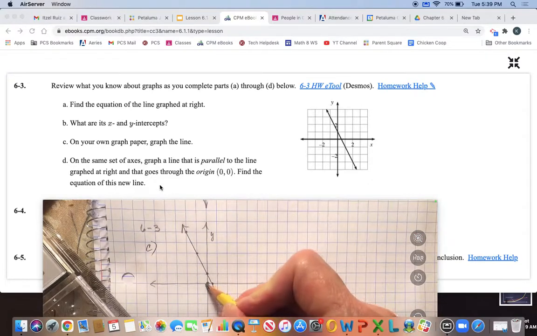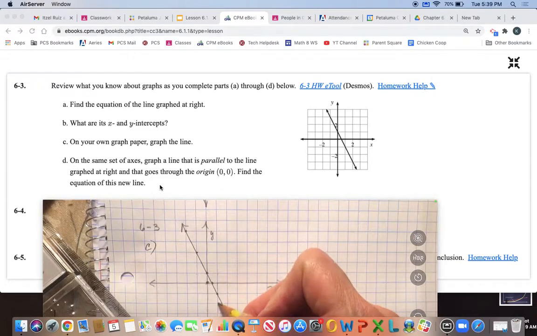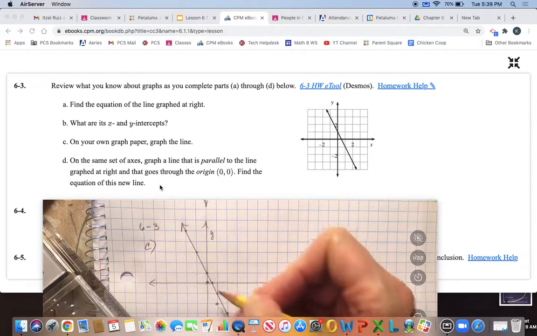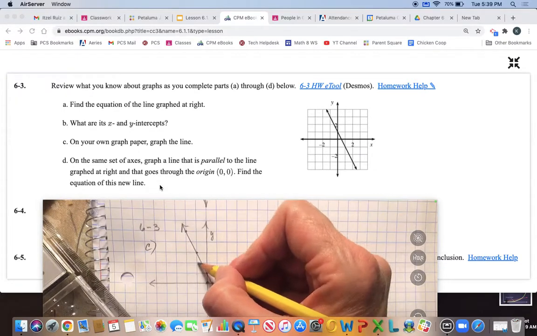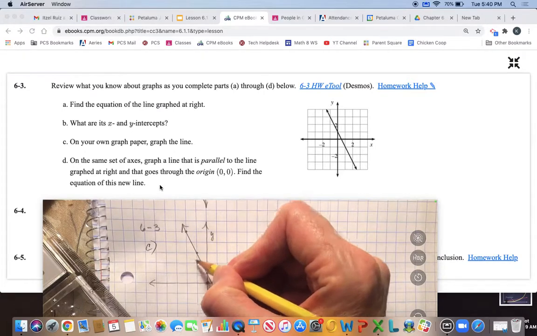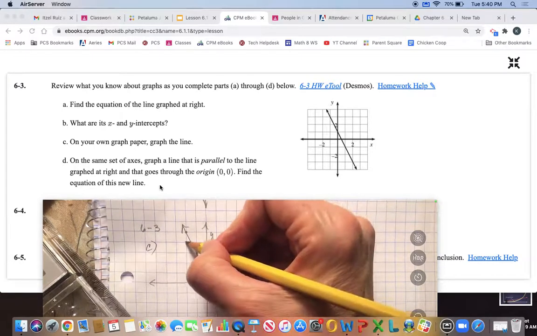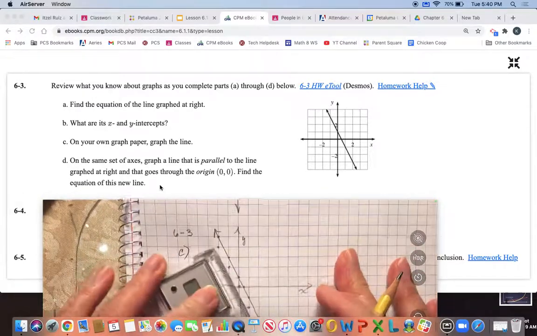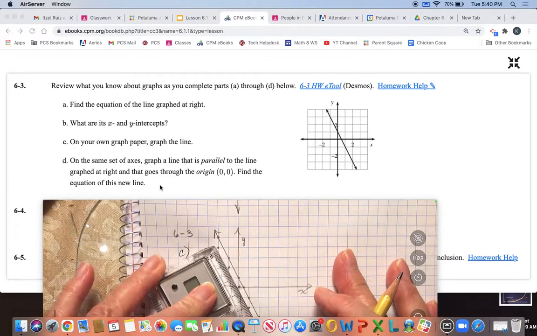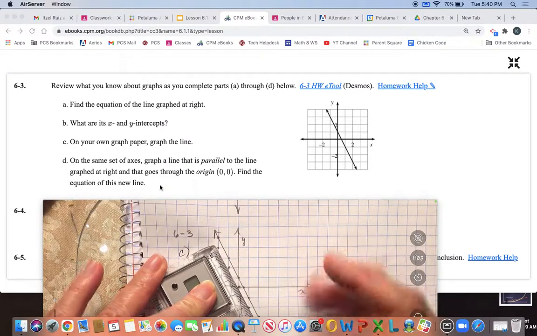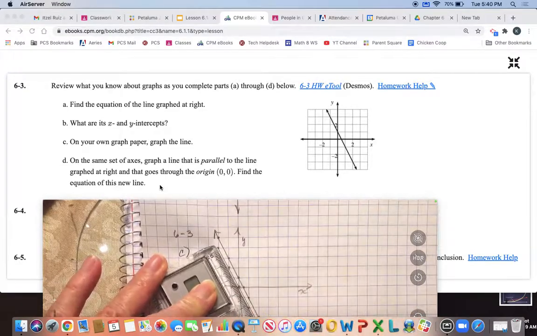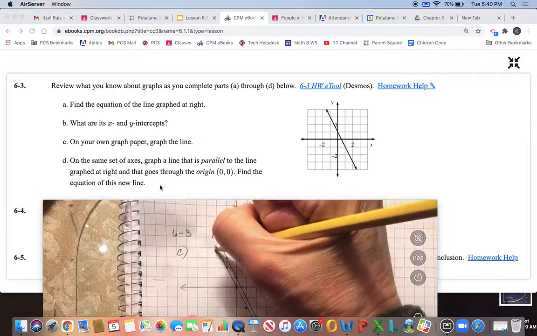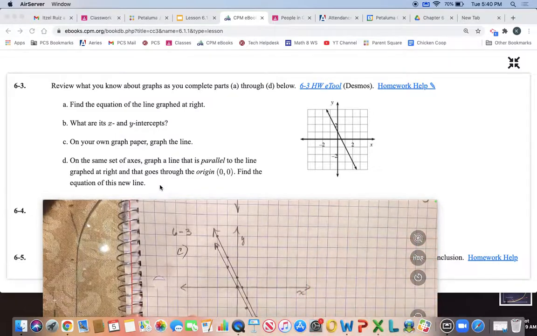And so every time we go over 1, we'll have to go down 2. So over 1, down 2. And the same thing going in the opposite direction. If we go back 1, we go up 2. Okay, so now we can draw this parallel line that goes through the origin. Okay, so there's our parallel line.